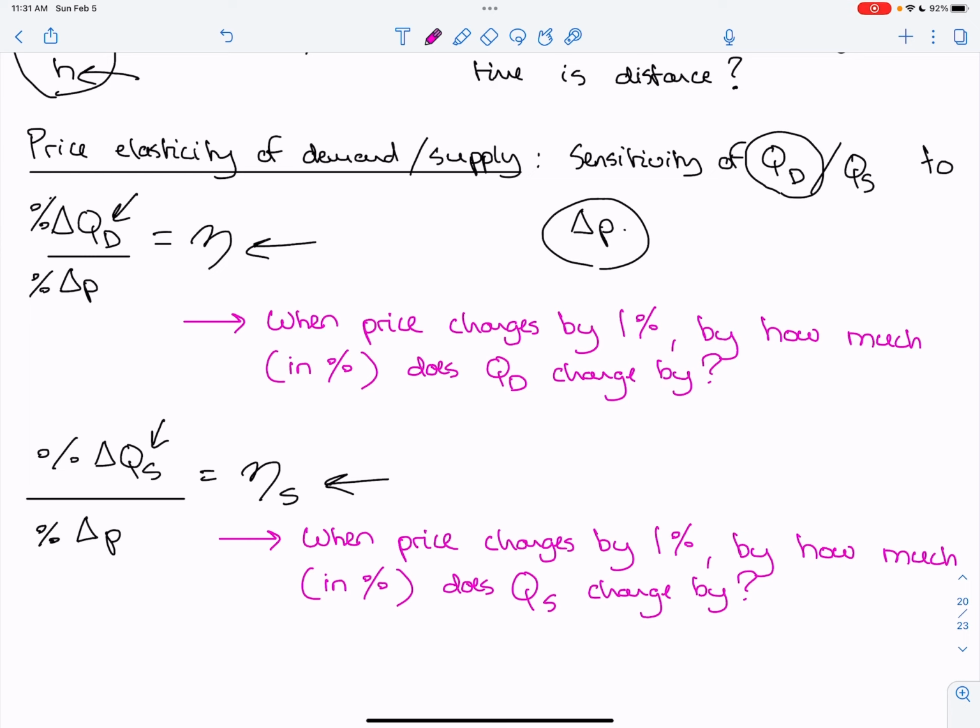Okay, now how do we calculate it? Well, this is where elasticity in economics is a little bit different from the way you might be used to calculating percentages. Okay, so let's take just a very quick example.